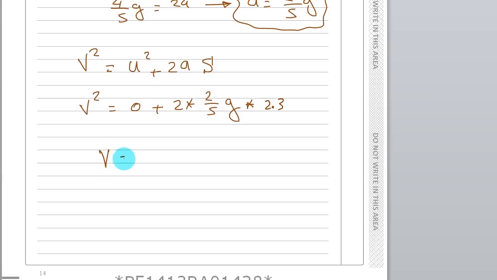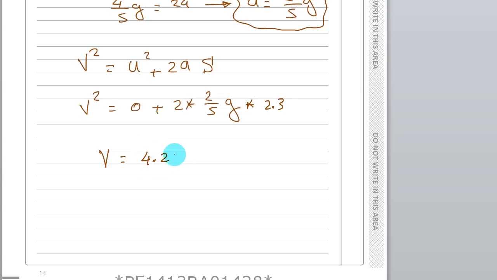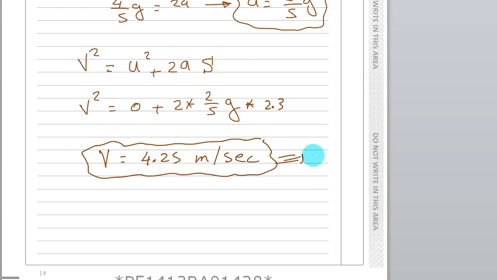So v will equal the square root of 2 times 2 times 9.8 times 2.3 divided by 5. So v is equal to 4.25 meters per second, and this is the velocity that he needs.